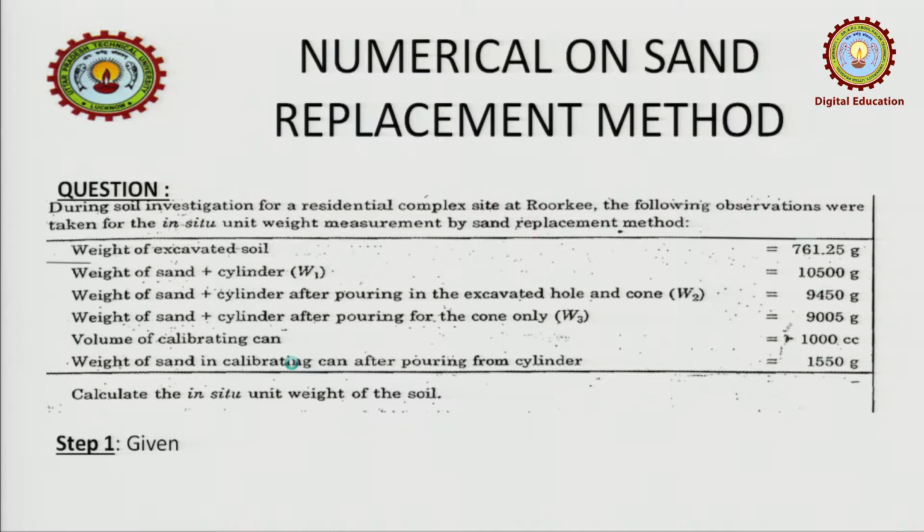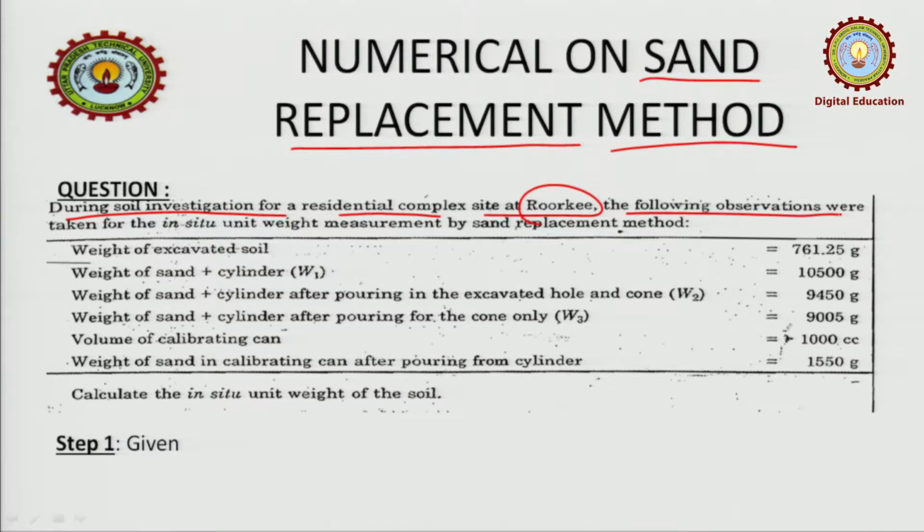Now this question is based on the sand replacement method. A number of parameters are given to us. During the site investigation for a residential complex site at Roorkee, the following in situ observations were taken, measured by the sand replacement method.